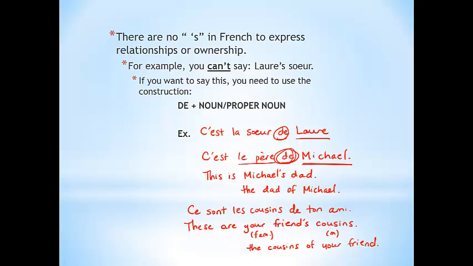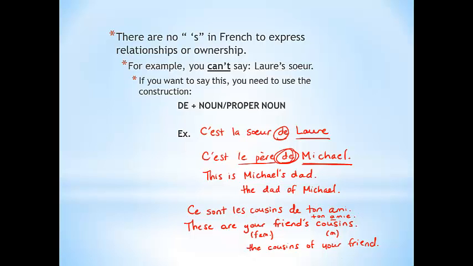You could have used also ton ami feminine. Okay. Doesn't matter. But remember that you're still using ton because you have a feminine singular noun that begins with a vowel. Okay, so either one is fine. Did you get it? Good for you if you did. Bravo.